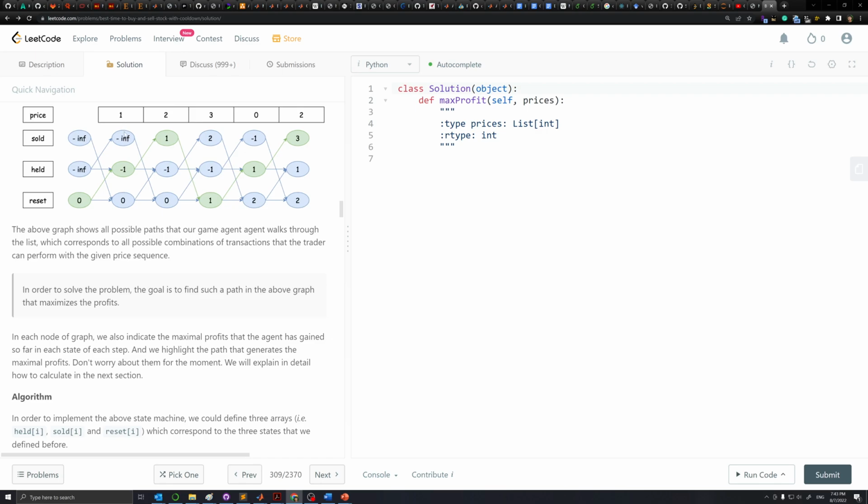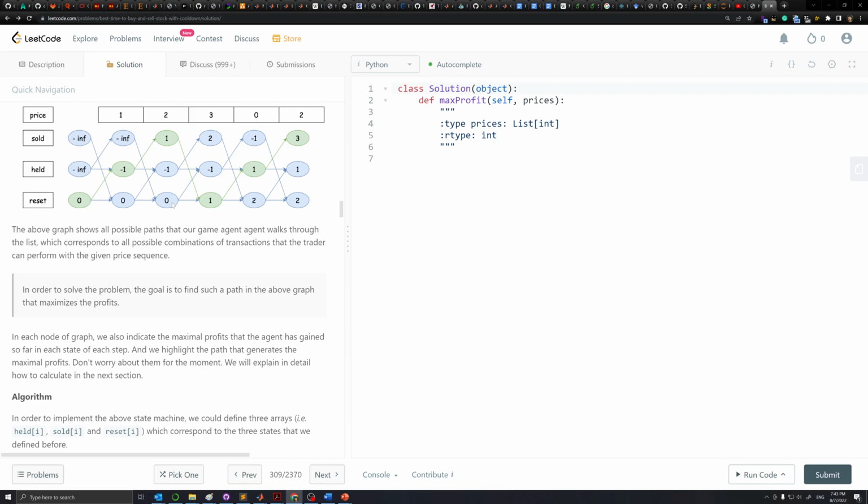So say if we are at sold, which is quite unlikely because we cannot... oh, we can, right? If we just buy and sell on the same day, we will go into the cooldown or reset state.